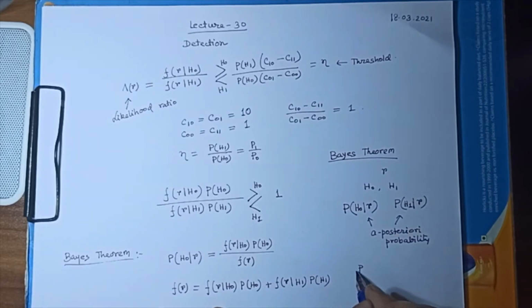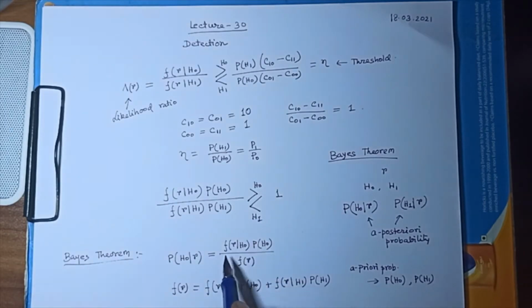So a priori probabilities are basically the probability of H0 and the probability of H1. These are the a priori probabilities, and the likelihood is the remaining density function. So you can see from the a priori probability and likelihood you can compute the marginal density function of R, and by knowing them you can compute the a posteriori probability.